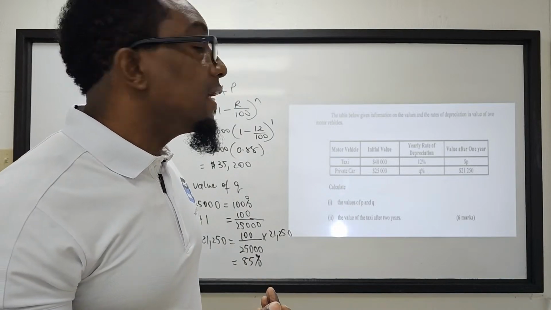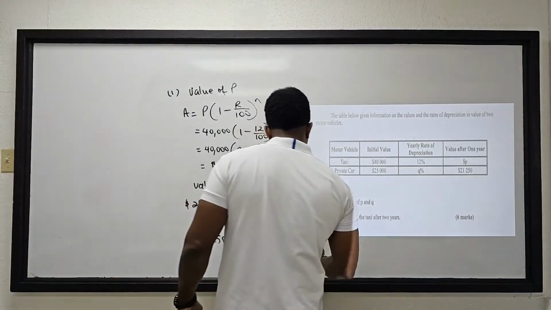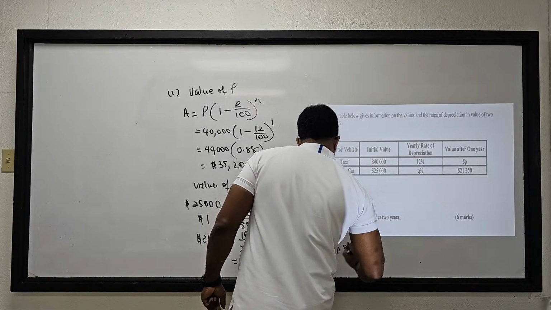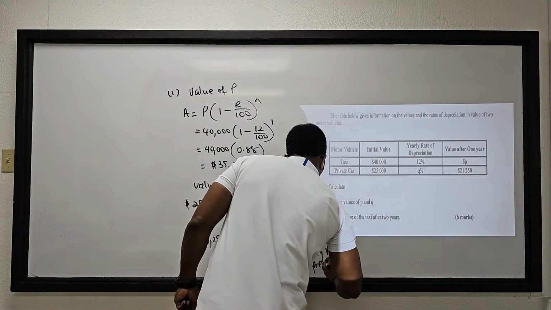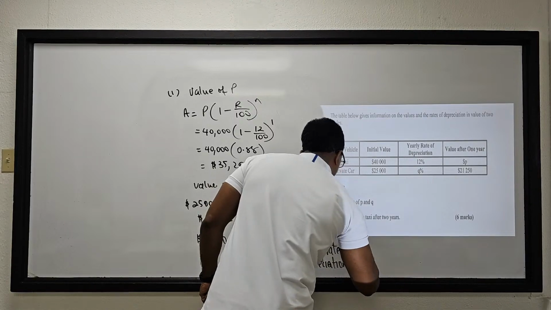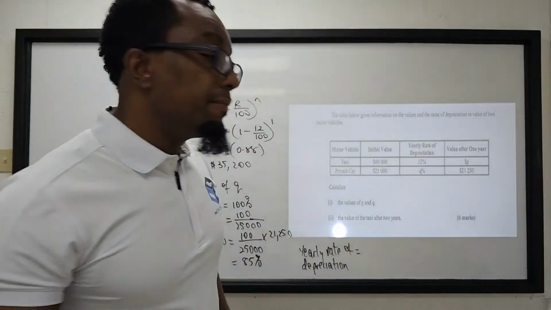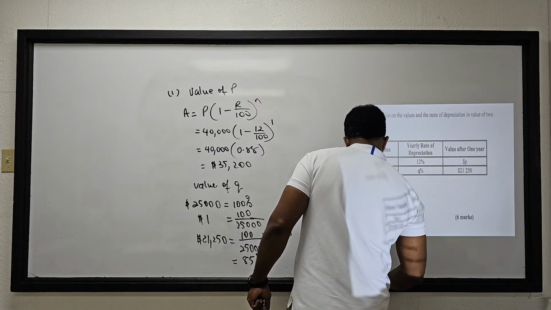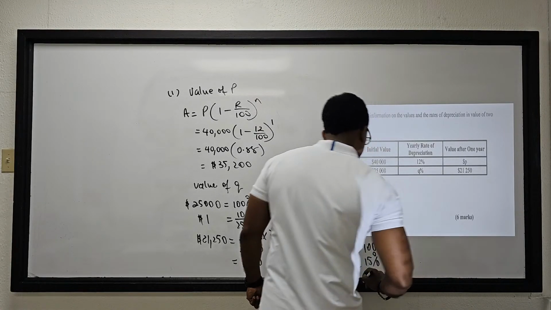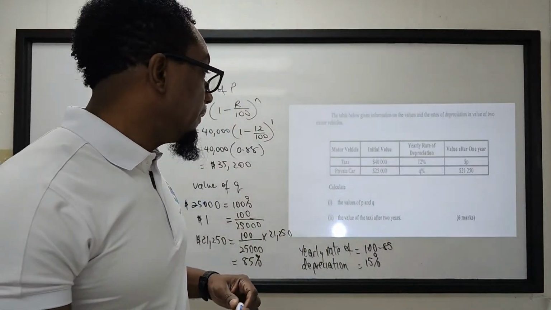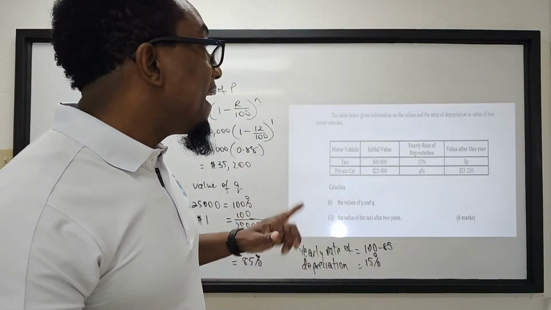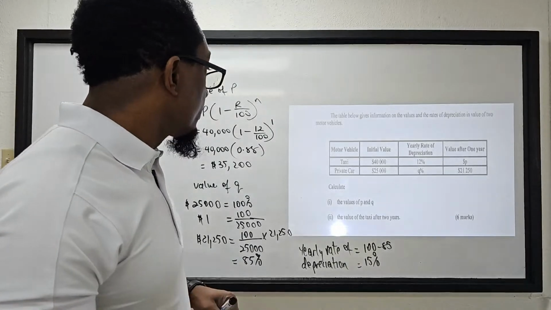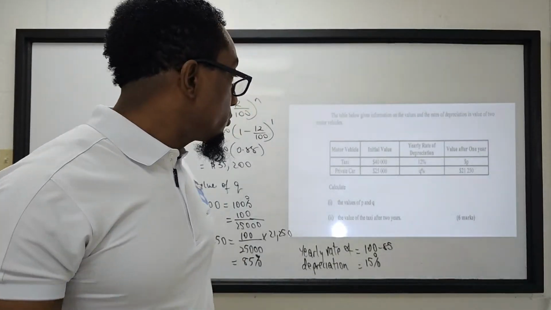So therefore the yearly rate of depreciation will be to subtract 85 from 100, which will give us 15%. So it decreases by 15%. That's your yearly rate of depreciation. Alright? So let's look at part 2.